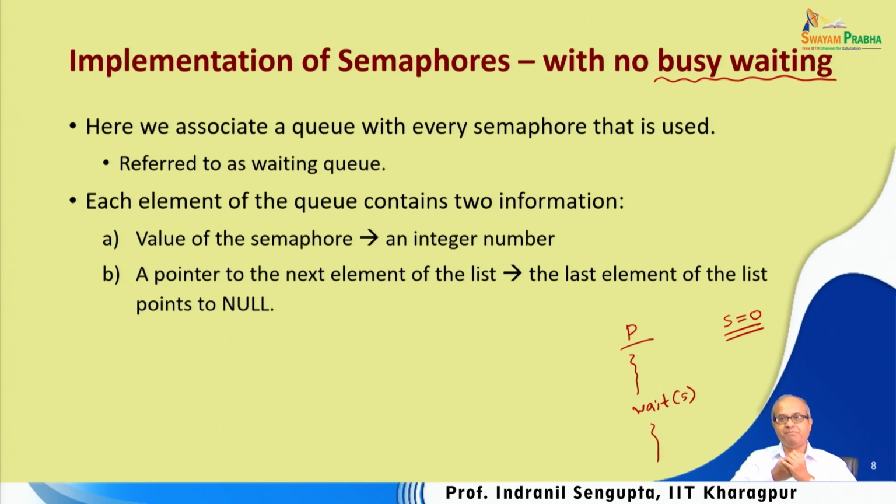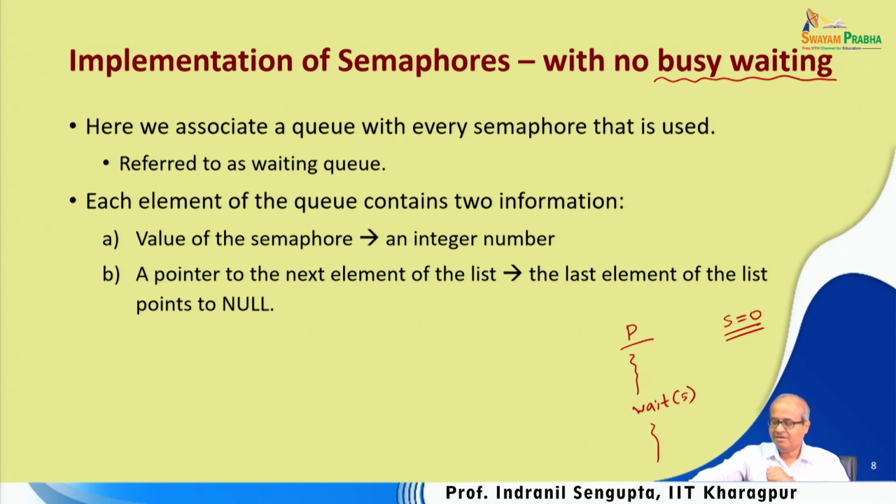But what better can you do? If you think, you can say that well, a process had called a wait call, but because the semaphore was 0, it was not able to proceed. So, why do not you put this process in the block state? In the current scenario, the process cannot continue in the running state, move it to the block state. If you move it to the block state, it will not occupy CPU time anymore. It can wake up when an event occurs.